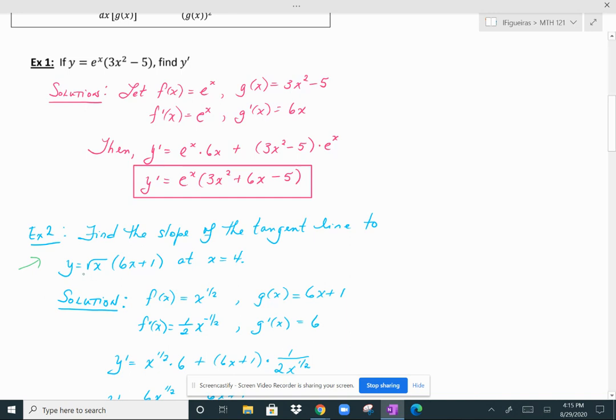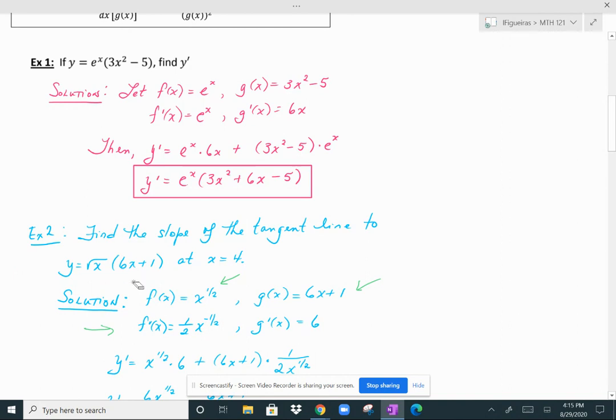And here, this is a product of two functions, with the first function being the square root function. So I wrote it as x to the 1/2 to make it easier to find f prime. And g of x is the 6x plus 1, so that's right here. So g prime is below in the second line, as well as f prime. So f prime is 1/2 x to the negative 1/2, and g prime is just 6.